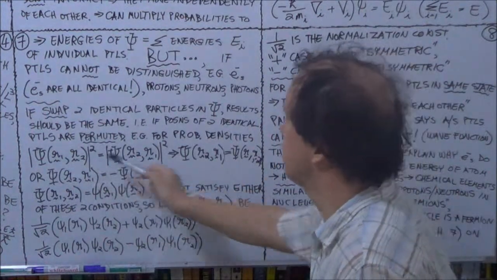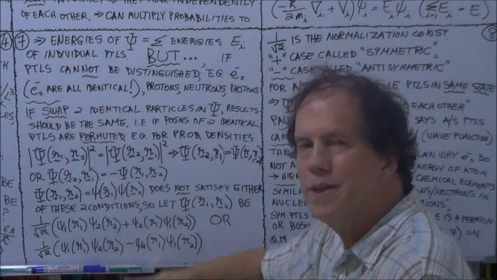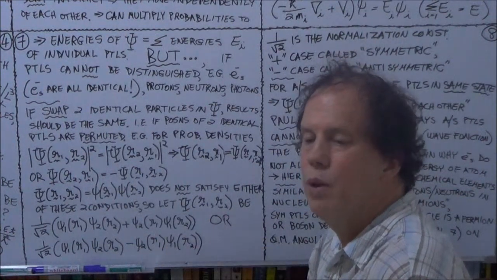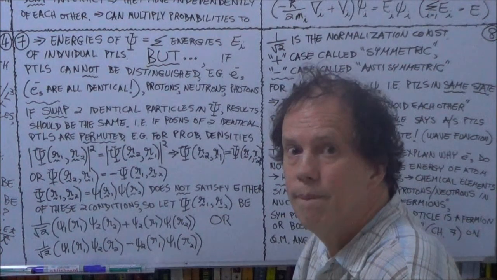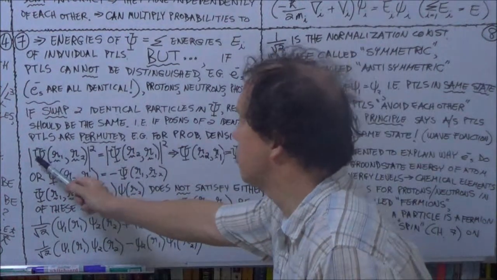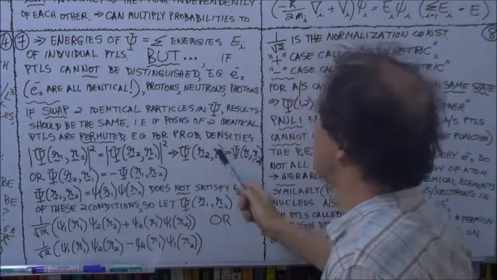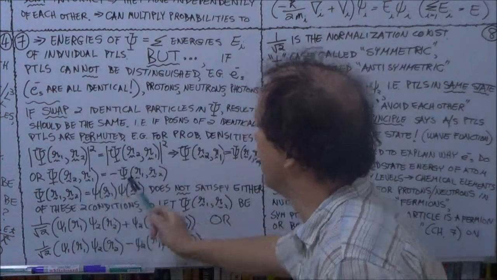Now there are two solutions to that. Think about it just in mathematical terms. A squared equals b squared, right? So therefore, A can be b, or it can be minus b. Okay? So in math terms, these two-particle wave functions, same story. Either A equals b, or A equals minus b.